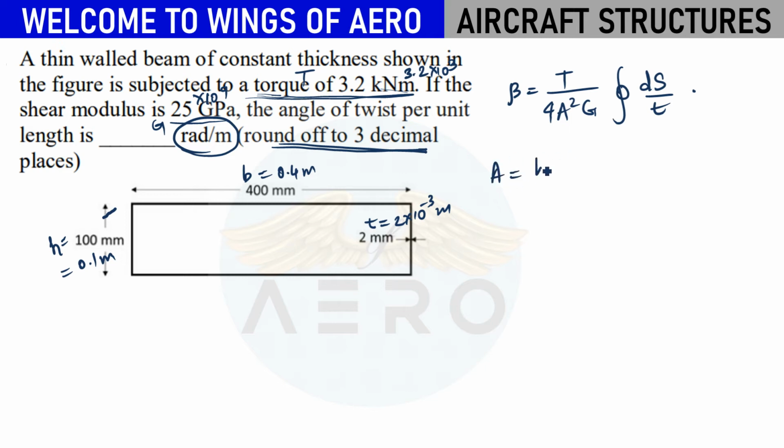Area is only H cross B. G is given. What is ds? ds will be, as you have to find for all the perimeters, A, B, C, D point by T. Now solve this and tell me the answer in the chat box.